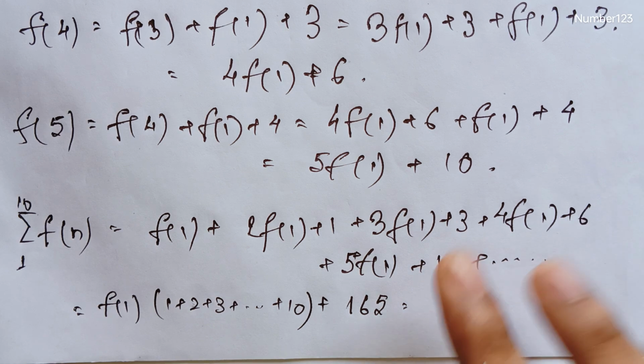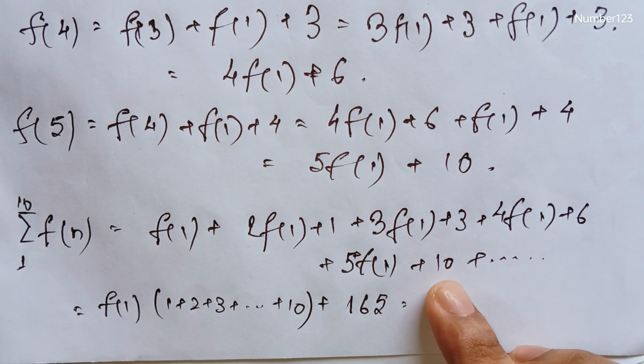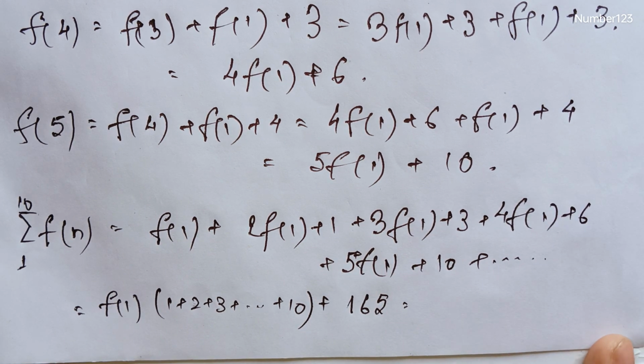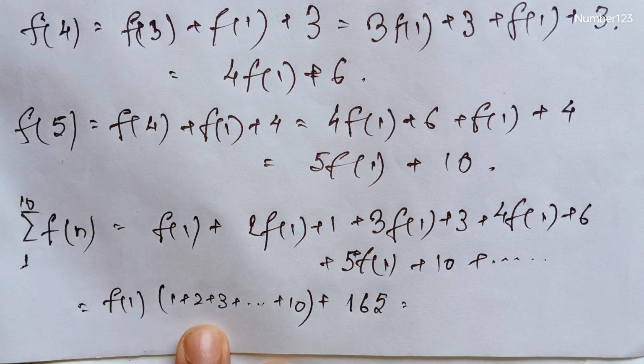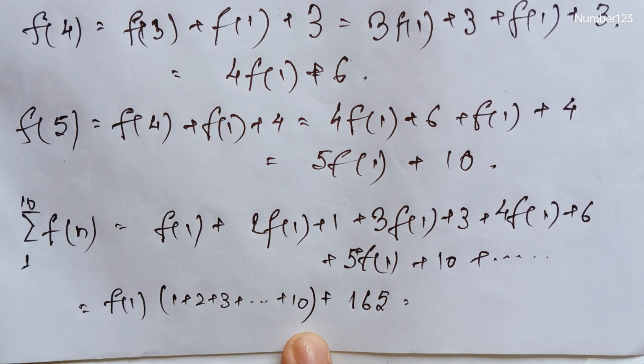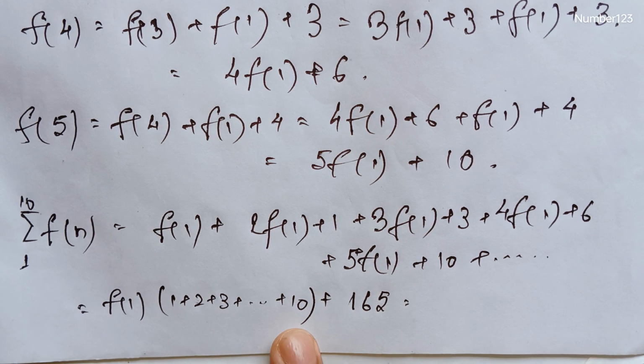So just add 1 + 3 + 6 + 10 + 15, the next term is 21, next term is 28, and so on. Now see, 1 + 2 + 3 up to 10, what is the value of this? We know the formula n into (n + 1) by 2. The value of n equal to 10, so 10 into 11 by 2, that is equal to 55.